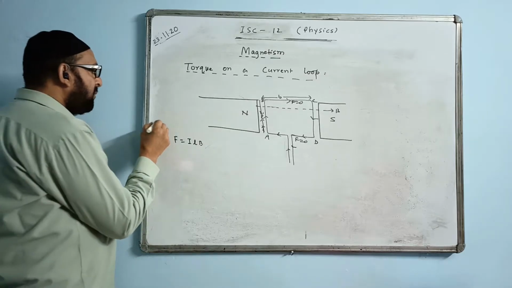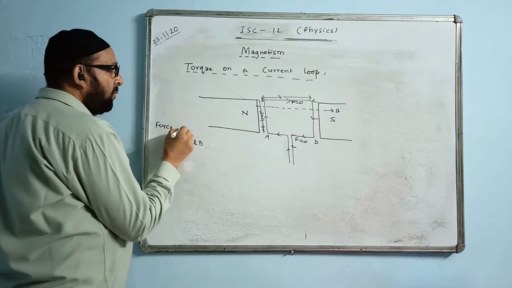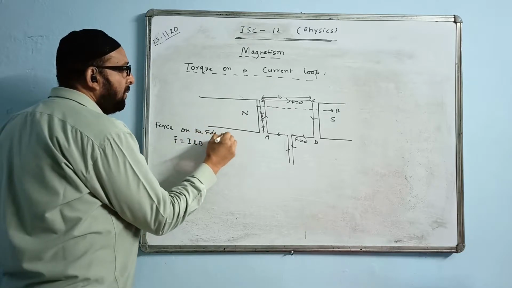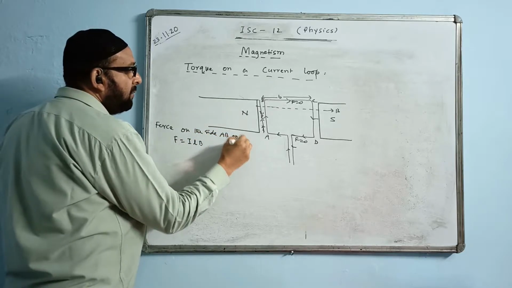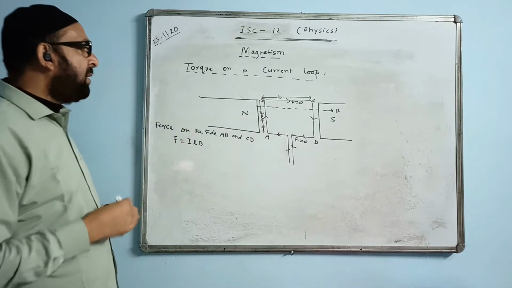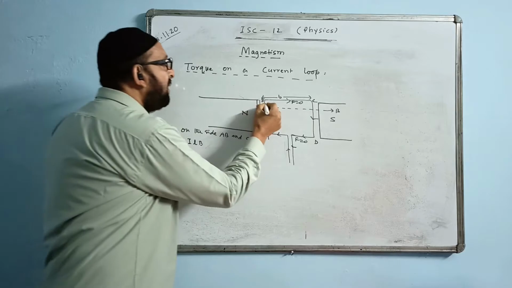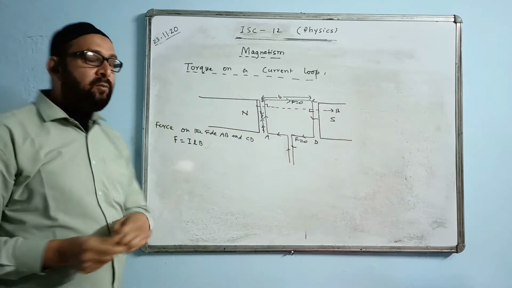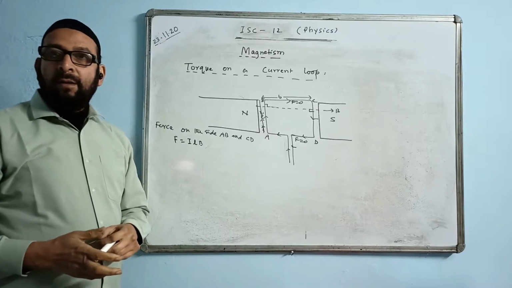We can write the first force on the sides AB and CD as F equal to ILB, because both sides make a 90 degree angle. Here you can see the angle is 90 degrees, here also 90 degrees. So the F value becomes ILB.